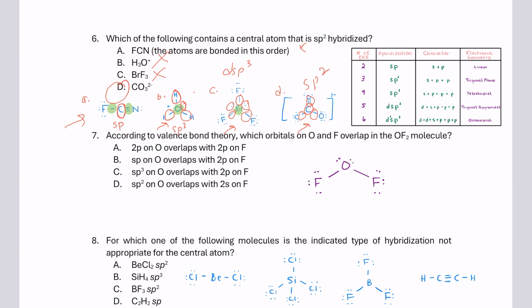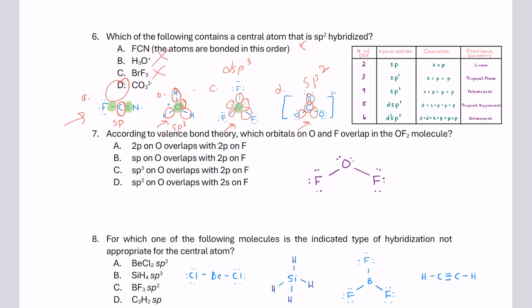Problem 7 says, according to valence bond theory, which orbitals on oxygen and fluorine overlap in the OF2 molecule? This problem is actually really interesting. The first step is to identify the hybridization of oxygen.